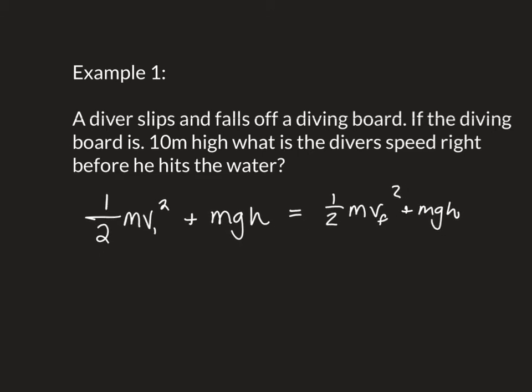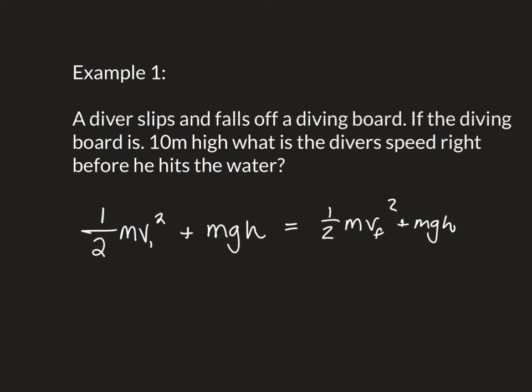But let's think about what's happening here. He's standing on the diving board at the beginning, right? So does he have any kinetic energy at that point? No. Since he doesn't have any kinetic energy, that is going to be equal to 0, so we don't need it.